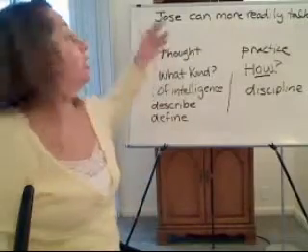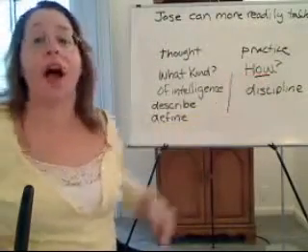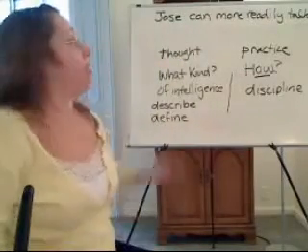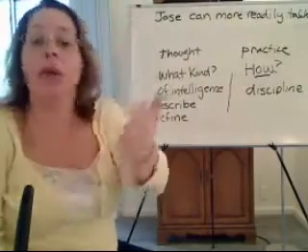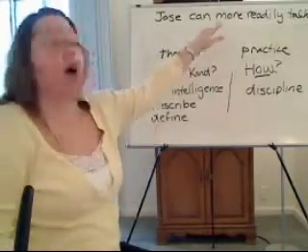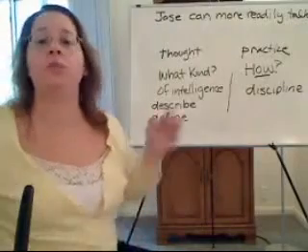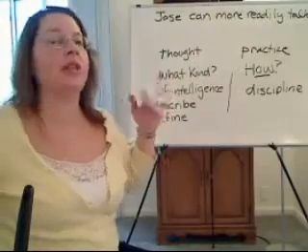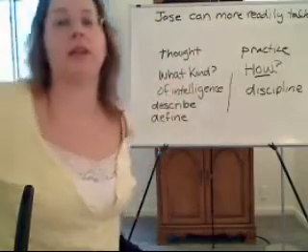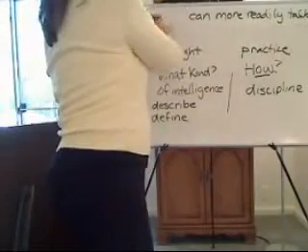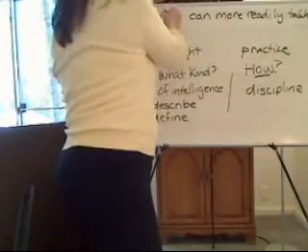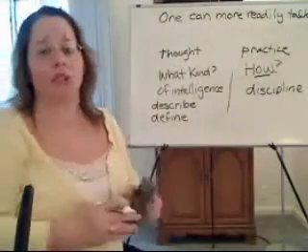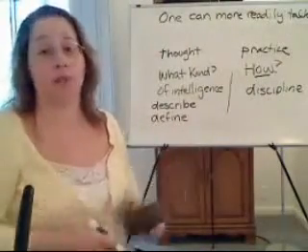But supposing it's not just Jose, it's everybody. I could say, everybody can more readily talk. Or I could say, you and I can more readily talk. But if I simply want to be general and say, any person, one person, somebody, the easiest way to put that is one can. It's like a short form of one person. It just means a person.